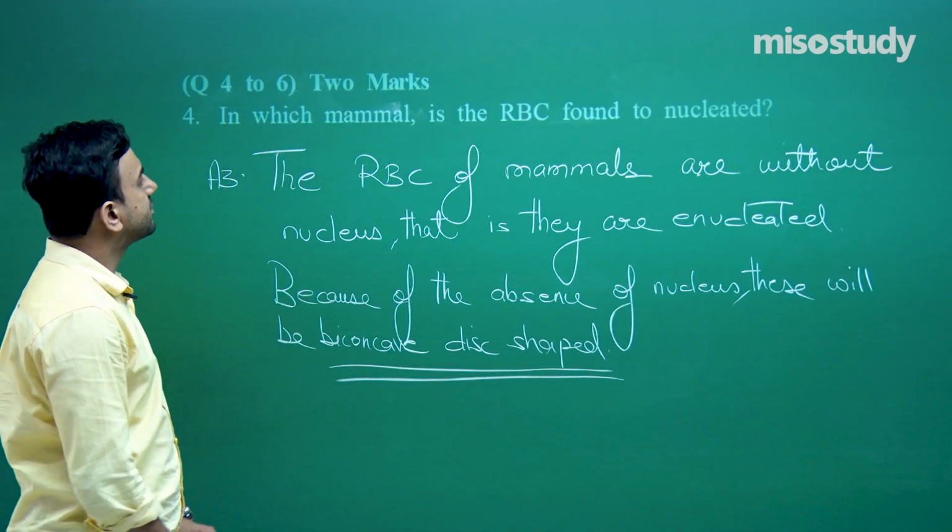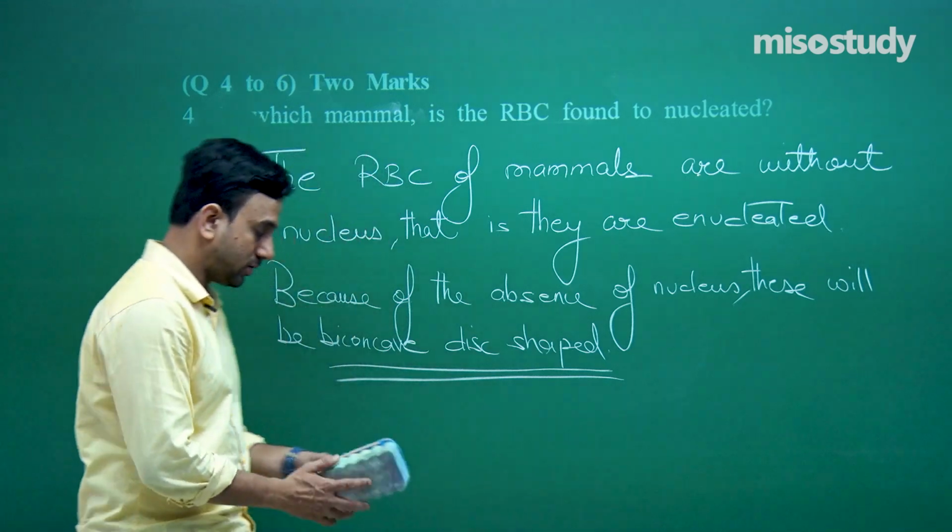In which mammal is the RBC found to be nucleated?